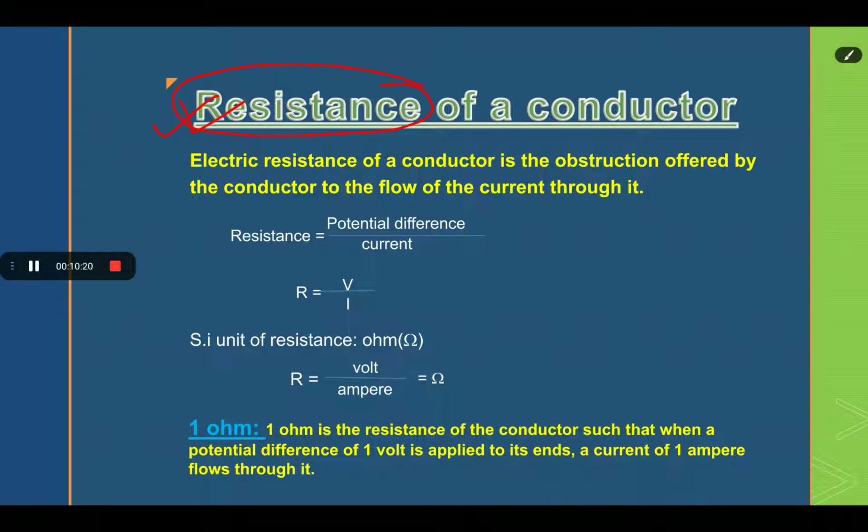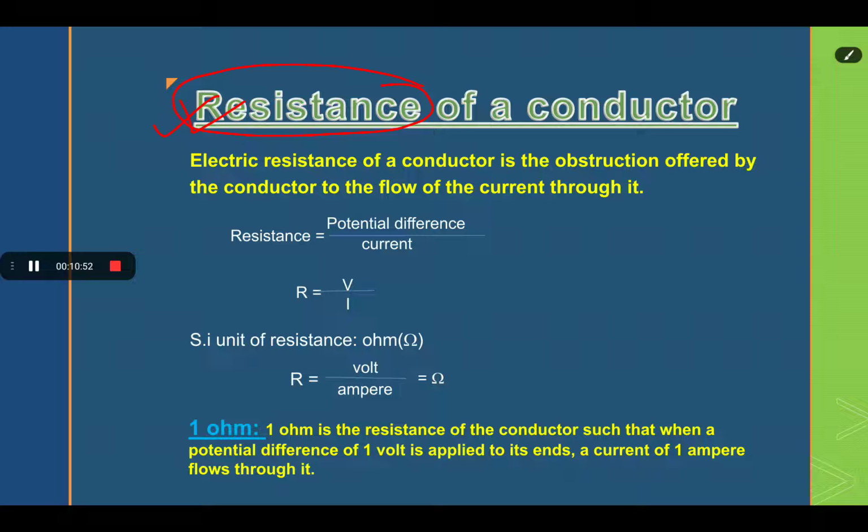In scientific terms, this opposition is known as resistance. So, if we have to define resistance, then resistance is the property of a substance by which it opposes the flow of electric current. This is the simple definition of resistance.